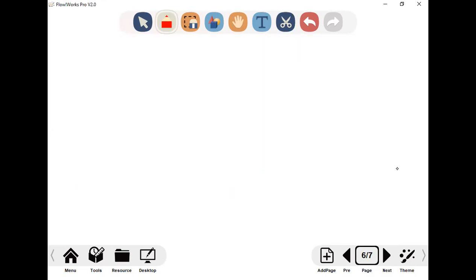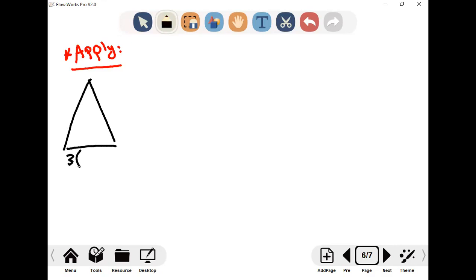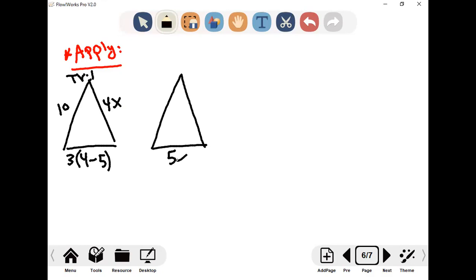Now in the apply we have two triangles. Focus with me. Apply question, page 239. We have two triangles. The first triangle has sides 3 times (4x minus 5), 4x and 10. They call it triangle 1. The second triangle has sides 5x, 11, and 3 times (negative 2x plus 9).